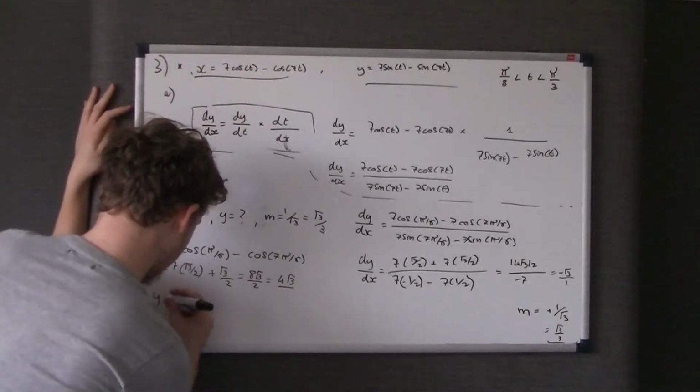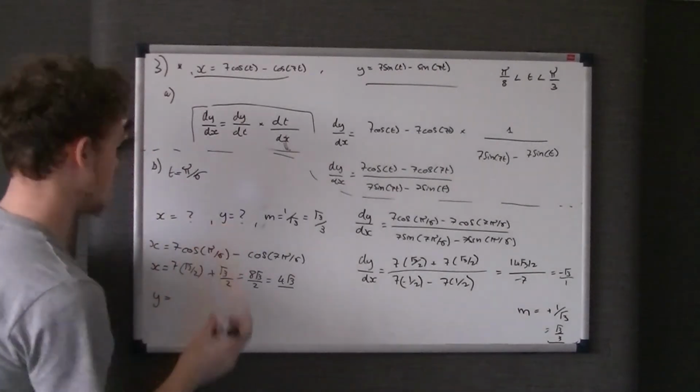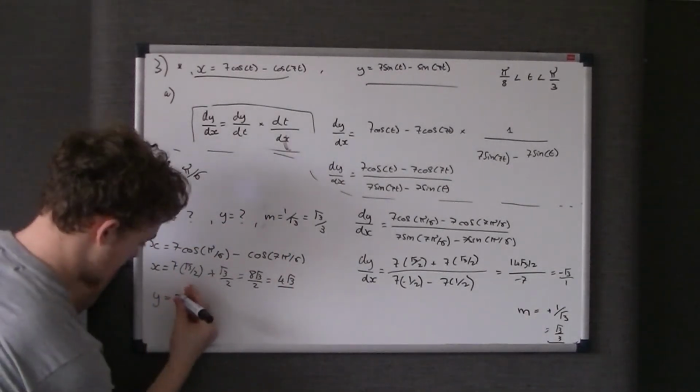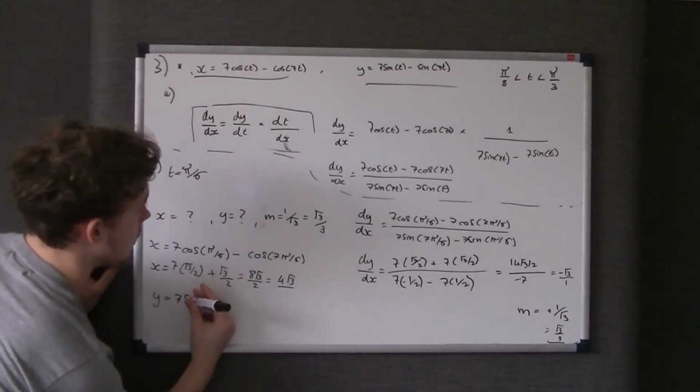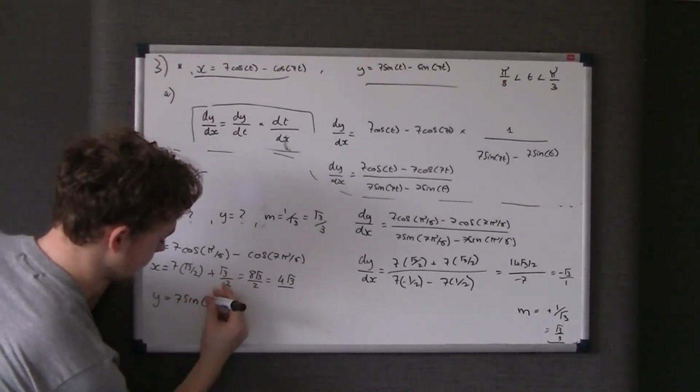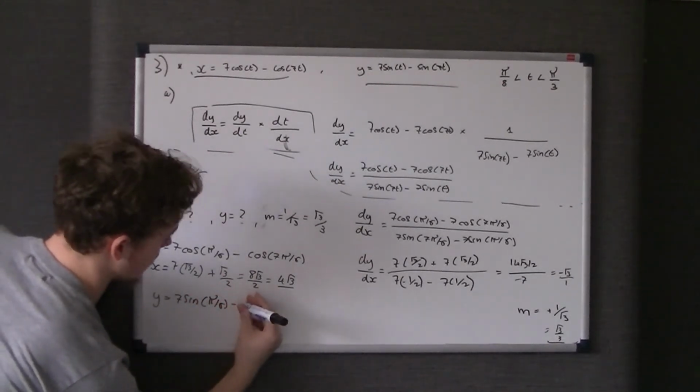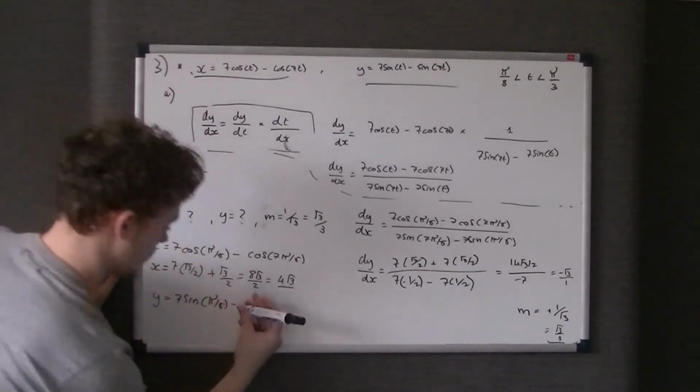For y is a similar kind of method, so you just sub in t in the y equation, so it's 7 sine pi on 6, take sine of 7 pi on 6.